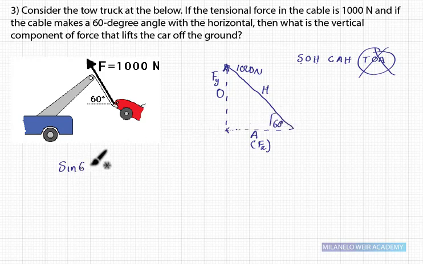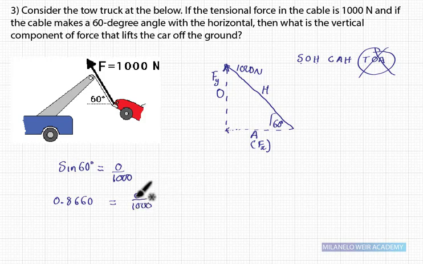Sine 60 degrees is equal to opposite over hypotenuse. Hypotenuse is 1000. Sine 60 on the calculator gives 0.8660, which is equal to O over 1000.